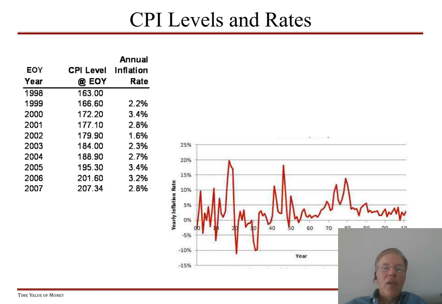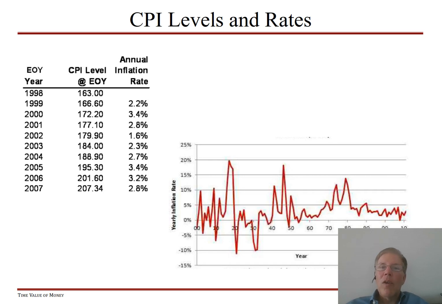Once we've got the price of this basket of goods in 2 successive years, we can compute the rate of increase. Between 1998 and 1999, from beginning of 1999 to end of 1999, the annual inflation rate was 2.2%.